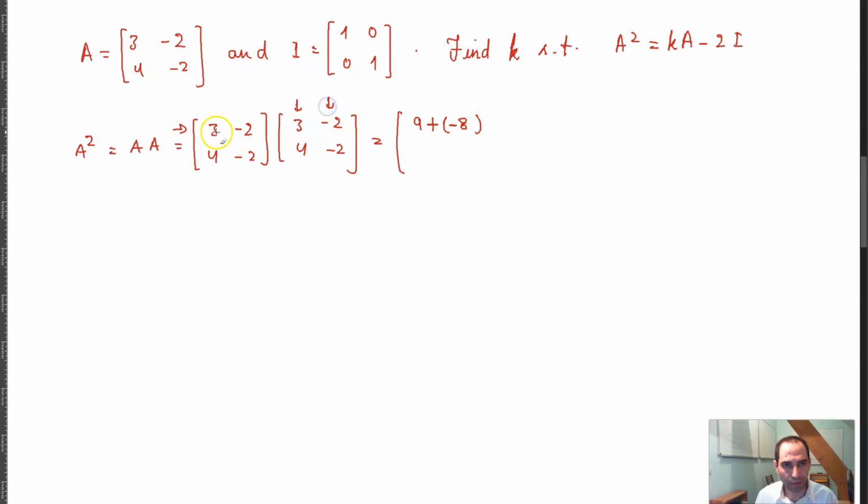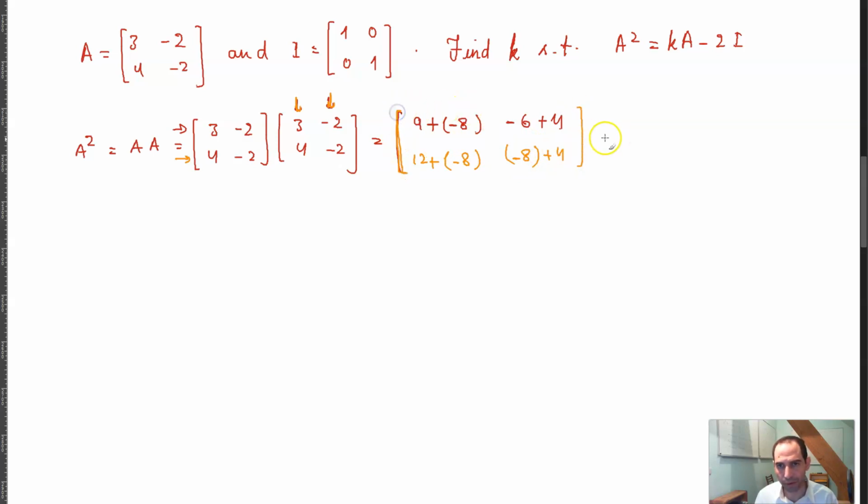And for this column, 3 times negative 2 is equal to negative 6, and negative 2 times negative 2 is equal to 4. And this row, this column, gives me 12 plus negative 8. And this row, this column, gives me negative 8 plus 4.